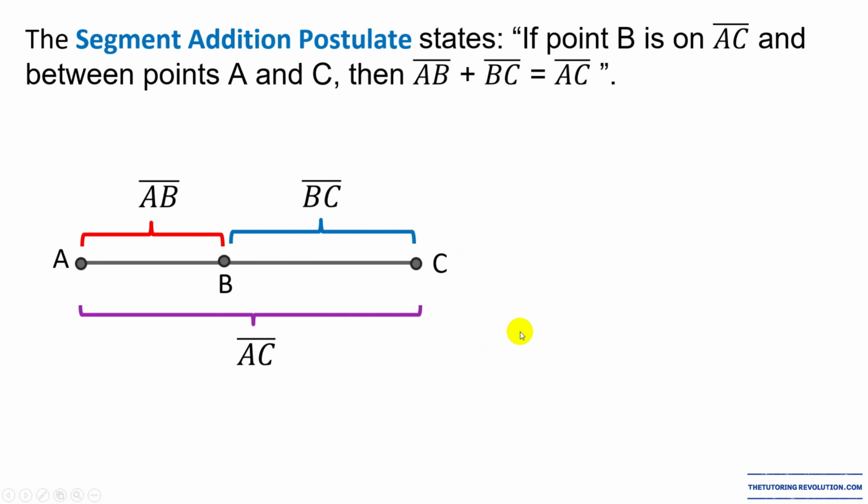That's also obvious, right? If you have two segments together and you add them, that's going to equal the value of the longer segment, right? AB plus BC equals AC. That's the segment addition postulate.